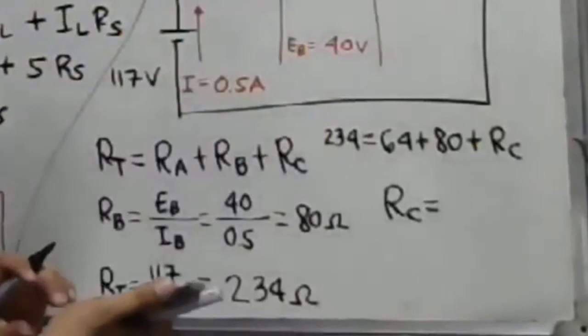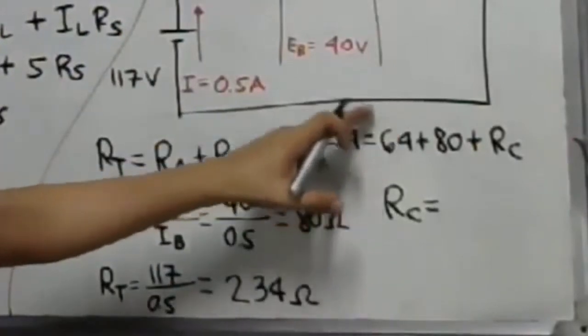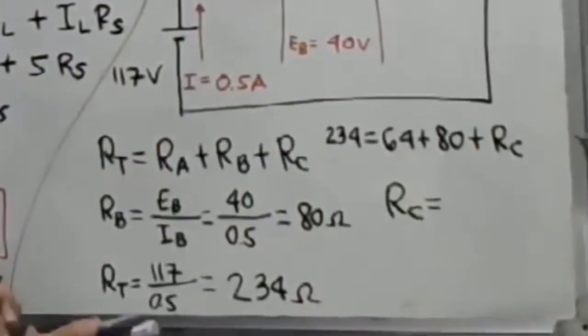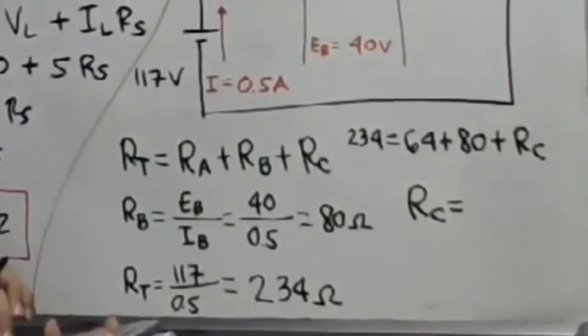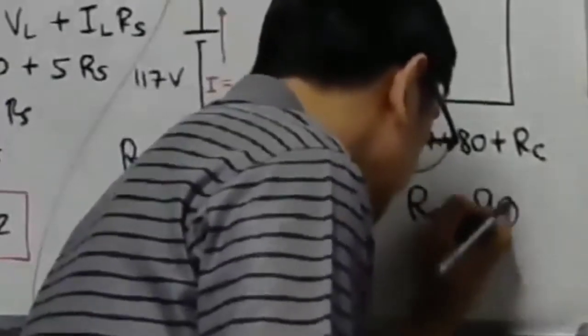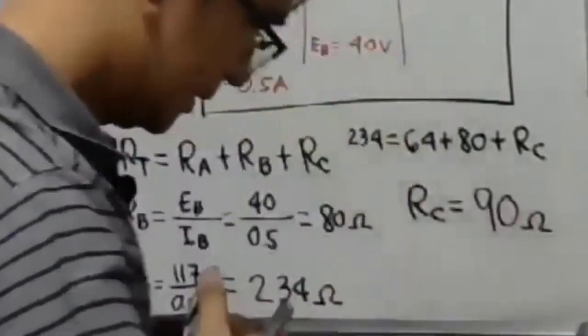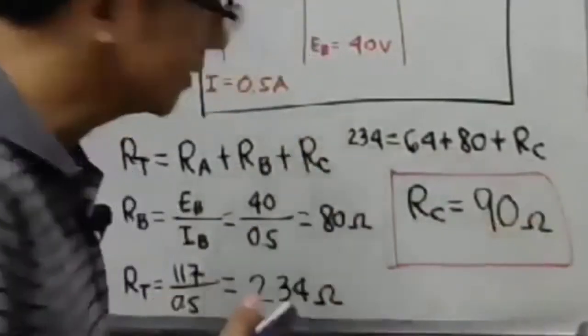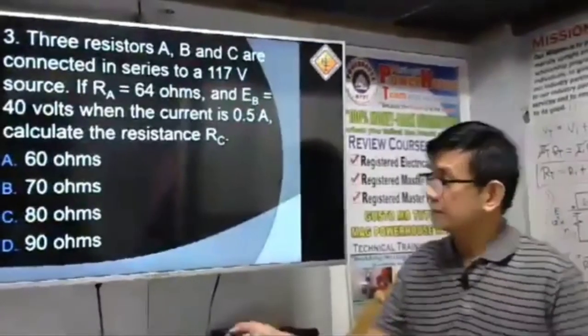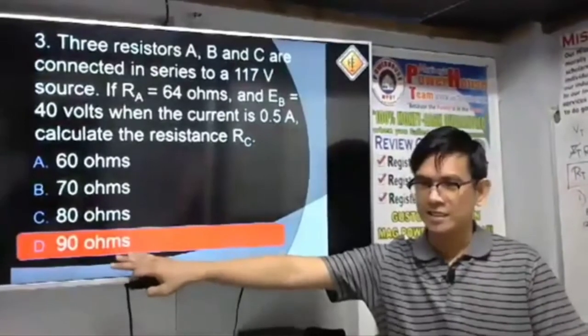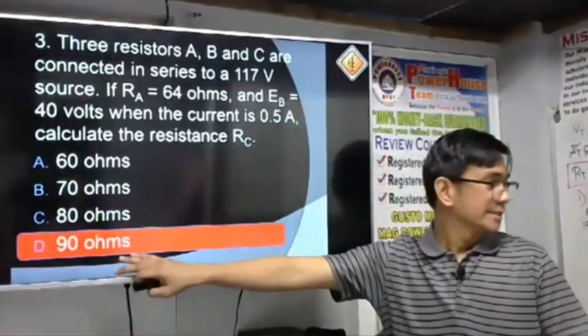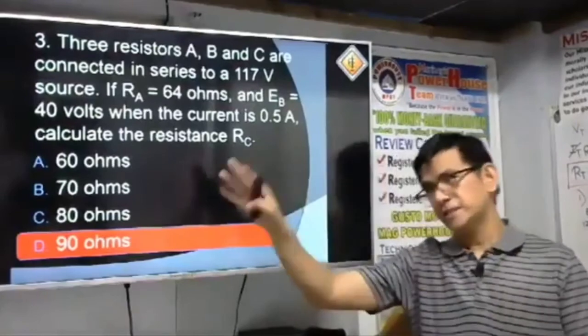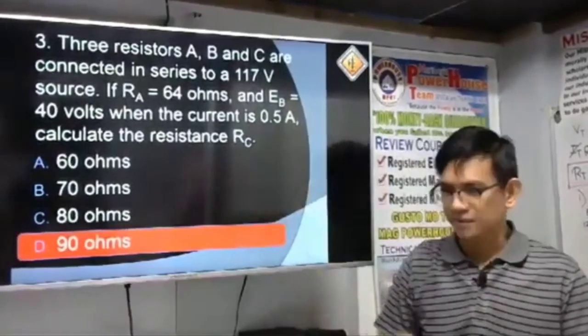That will be 234, then transpose the 64, so minus 64, then minus 80. That is equal to 90 ohms. Okay. So this is our final answer, 90 ohms. Please take a look at our PowerPoint. The answer would be letter D. So just add all the resistances RA, RB, and RC.